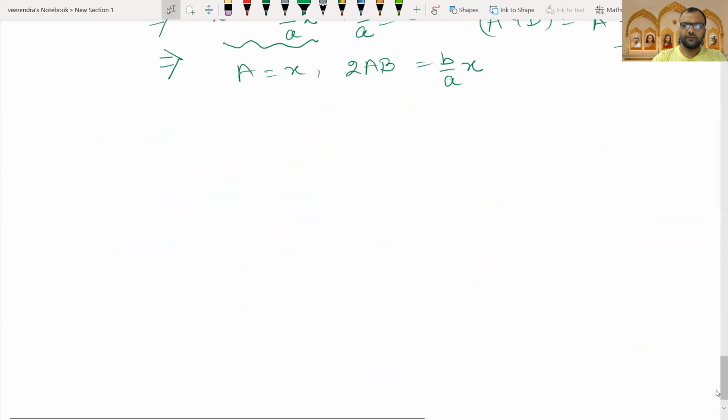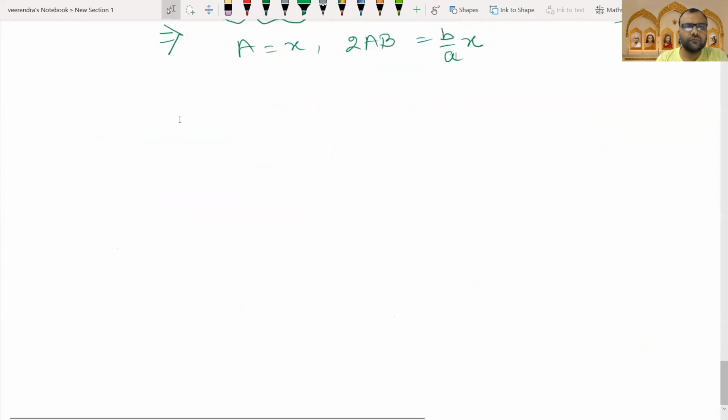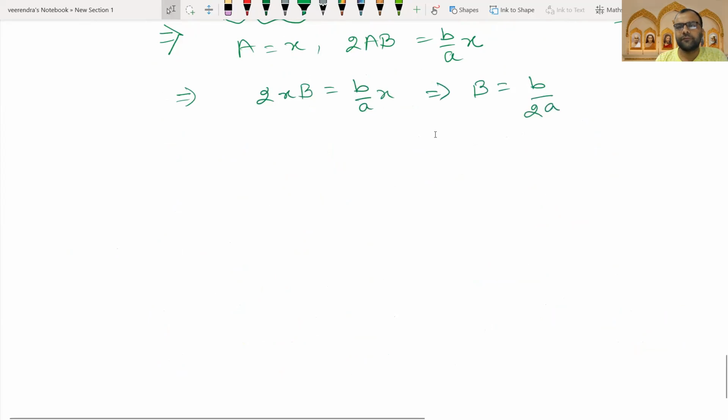So from here we can write 2xB is equal to (b/a)x. So the value of capital B is b/2a.